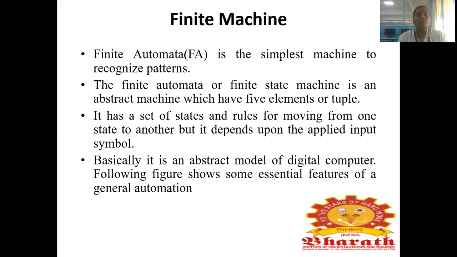So you give some input, process it in the machine, and get some output. This is called a finite state machine. A very good real example of a finite state machine is the control mechanism of an elevator.